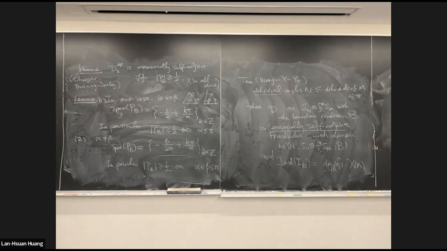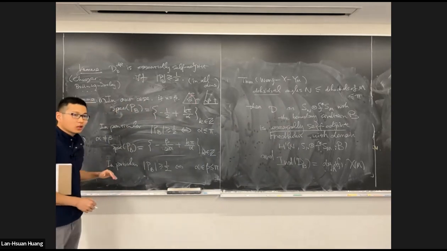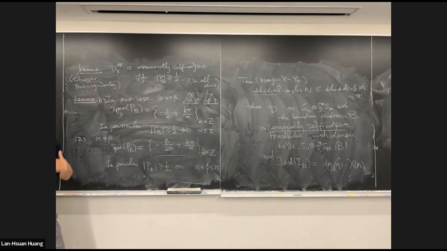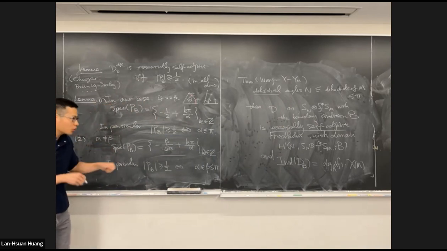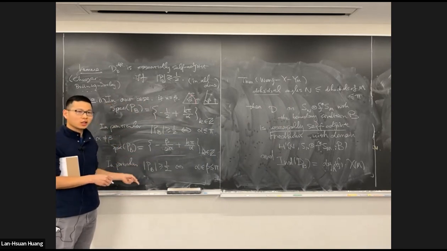Now here comes the higher dimensional case. As I mentioned, it's going to be an induction process. Most of the calculation we need to actually compute the spectrum is in this case.